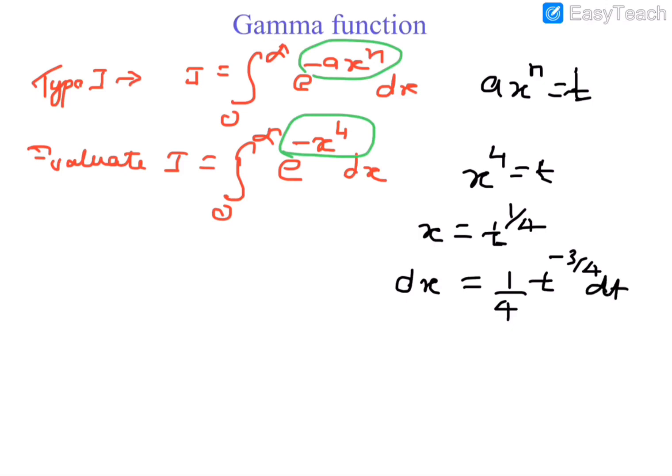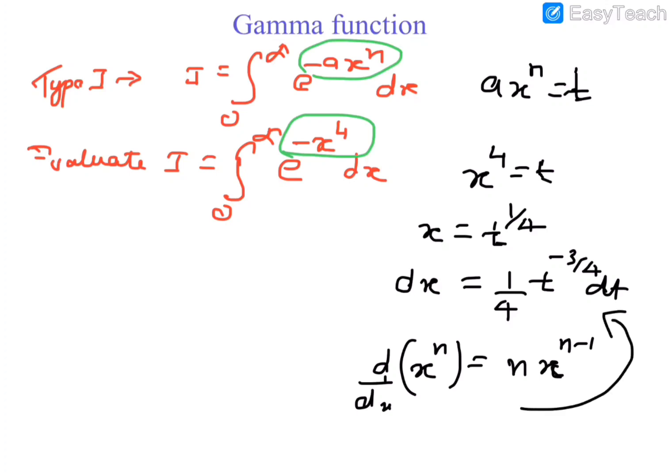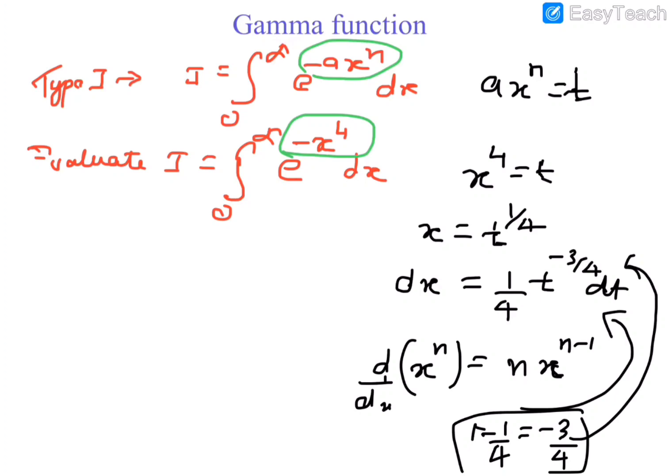Because according to the rule of differentiation, if we differentiate x raised to the power n, it will be equal to n into x raised to the power n minus 1. So according to this rule, we have 1 by 4 t to the power 1 minus 1 by 4, and 1 minus 1 by 4 is equal to minus 3 by 4.